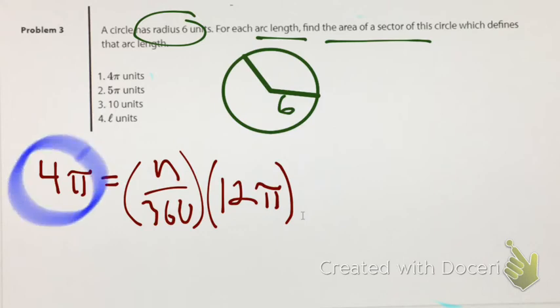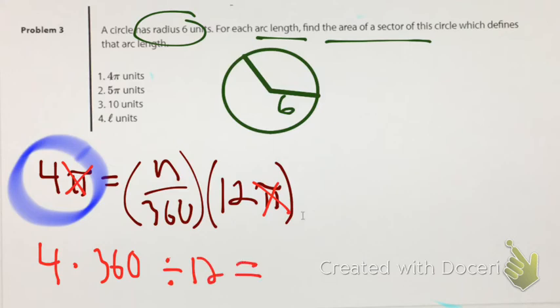But it's the same calculation again and again. So with that one, every single time, pi is still going to cancel. And I'm taking 4 times 360 divided by 12, and that gives me that angle.